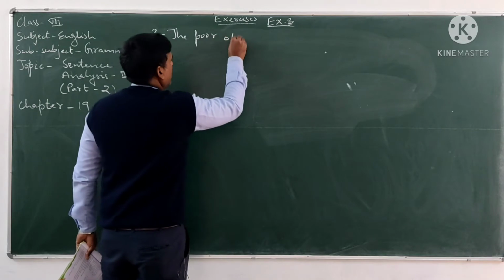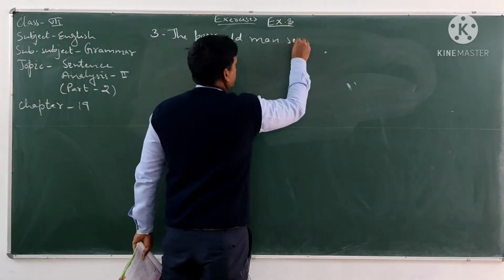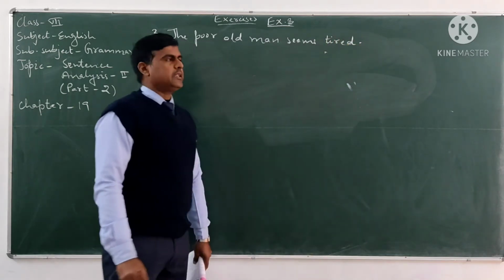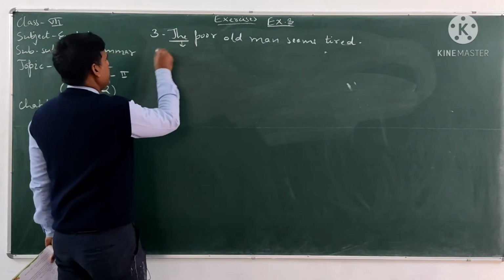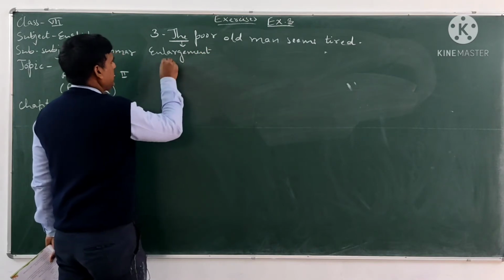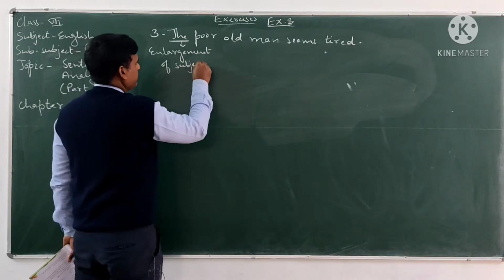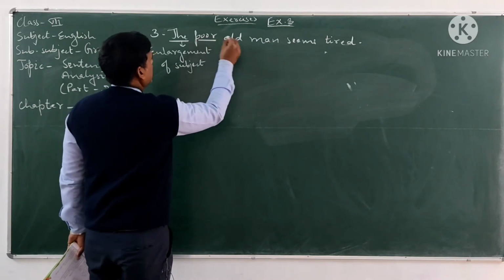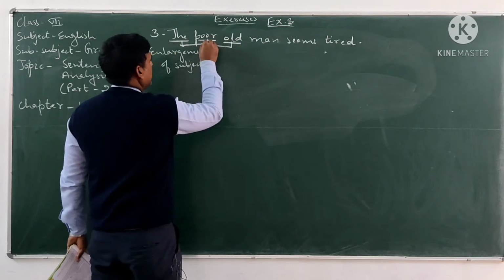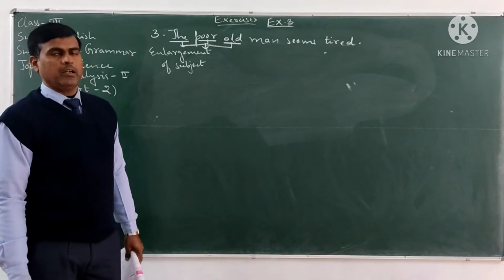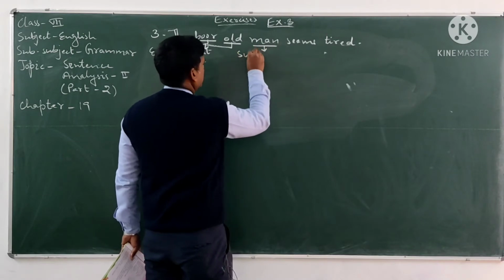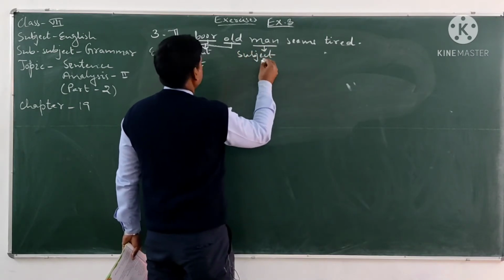In this sentence, the, poor and old, these three are the enlargement of subject, and man is the subject word.